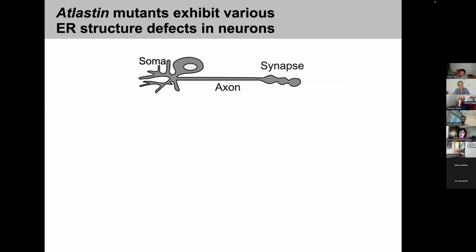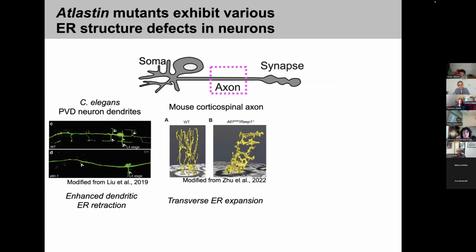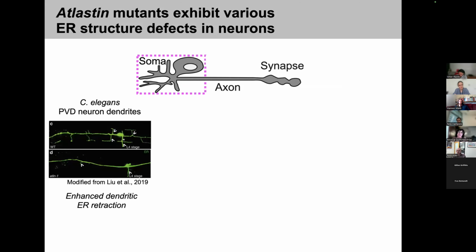But surprisingly, when we look at Atlastin null mutants in neurons, we see distinct phenotypes that are separate from this non-neuronal phenotype that I just described. So in the dendrites of C. elegans, the Sheng lab at Stanford found that the ER at dendrites has enhanced retraction.